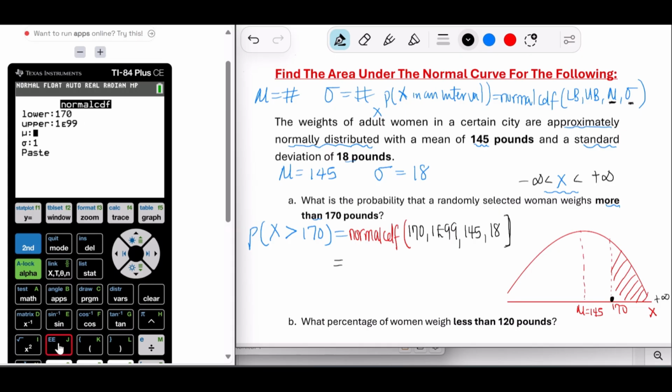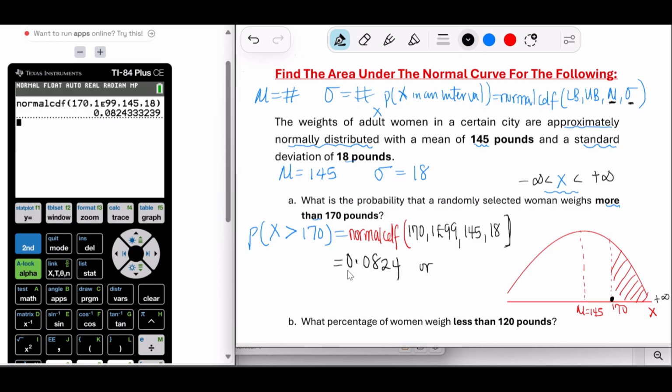The mean is no longer going to be 0 as in the case of the standard normal. This is the normal curve, so for the mean we have 145, and for the sigma we have 18. By pasting this, the probability is going to be 0.0824.